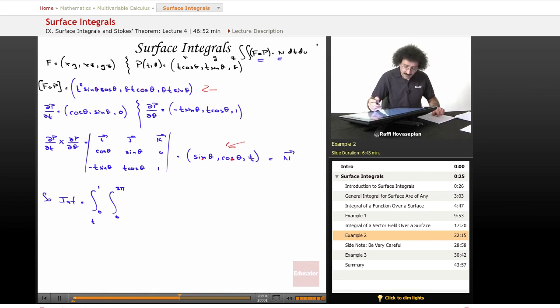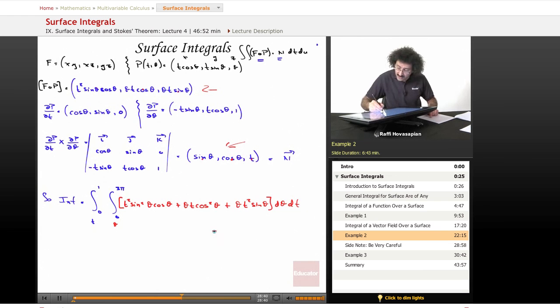So my integrand is going to look like this: t squared sine squared theta cosine theta, plus this times this, plus theta t cosine squared theta, plus theta t squared sine theta. And I did theta first, so this is going to be d theta, and dt is going to be last.